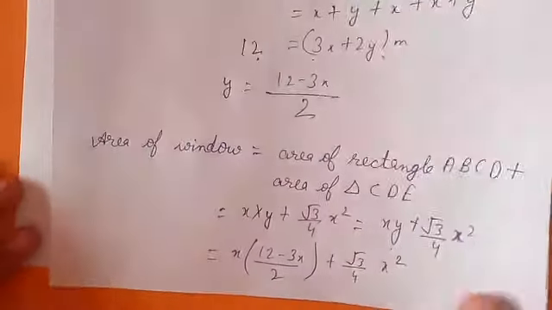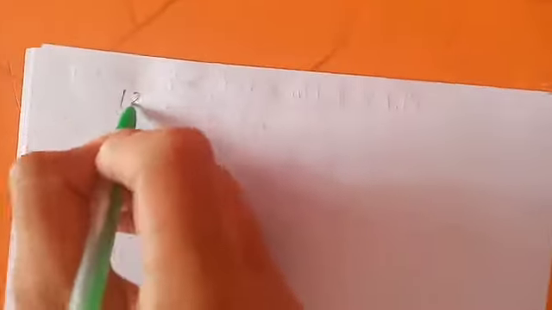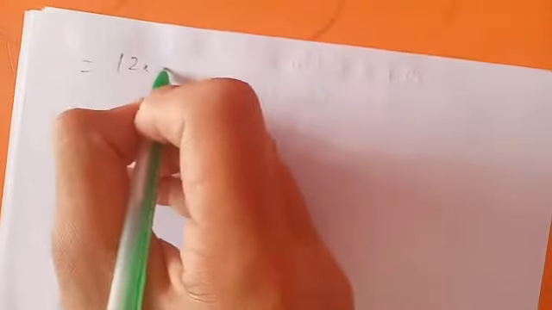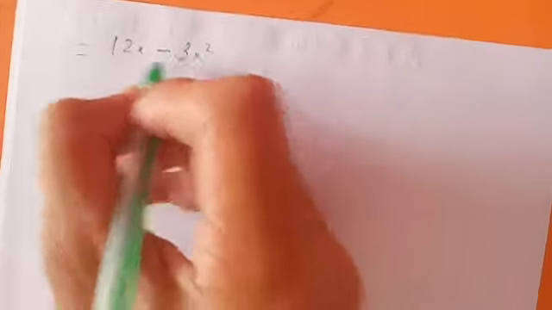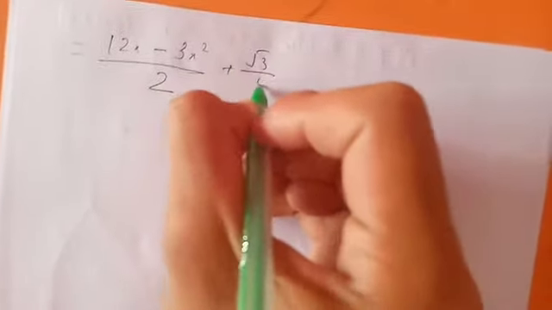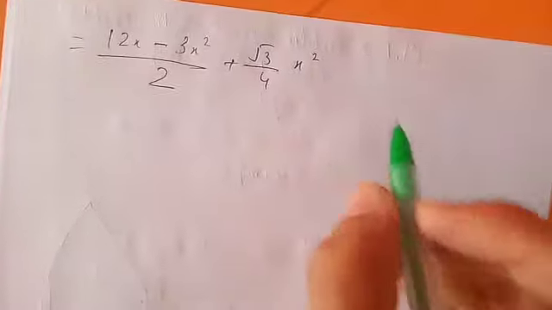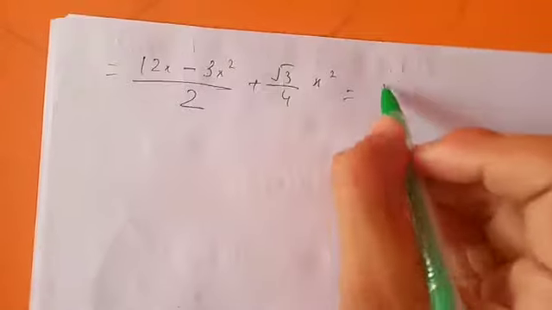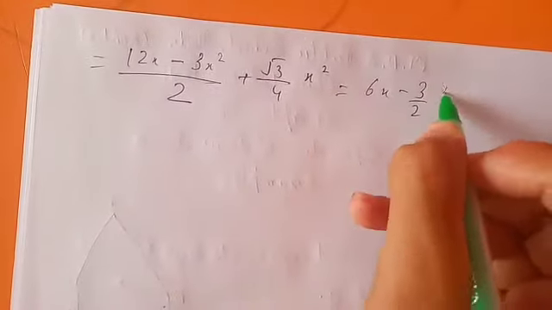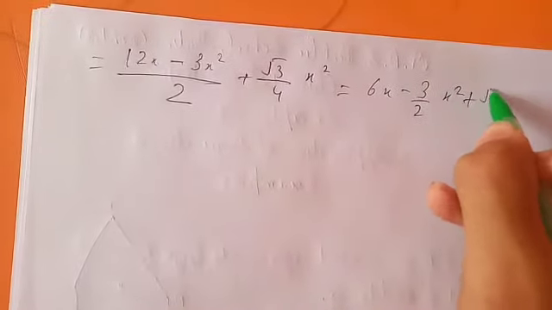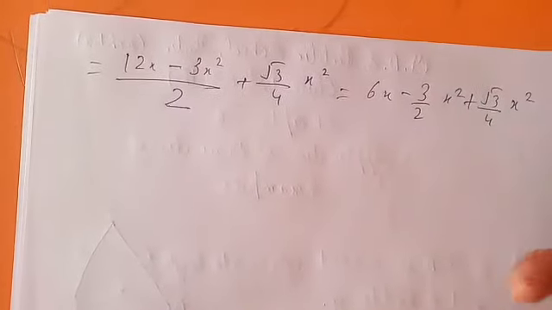Now multiply it and we get 12x minus 3x square by 2 plus root 3 by 4 x square. Now I can write it as 6x minus 3 by 2 x square plus root 3 by 4 x square.